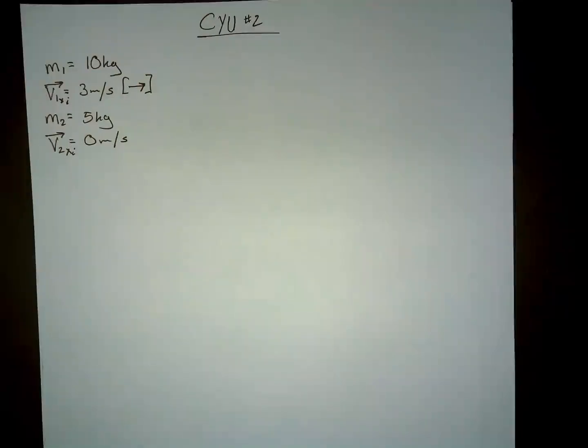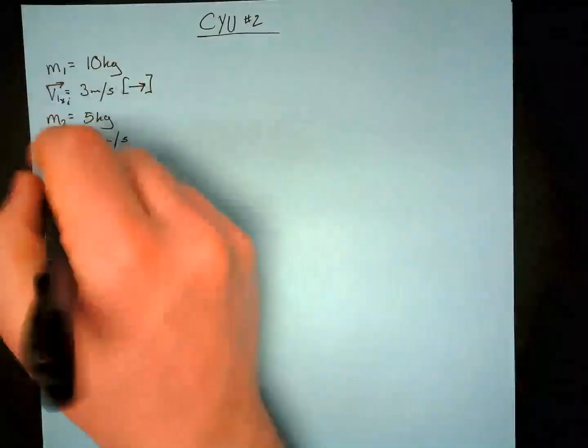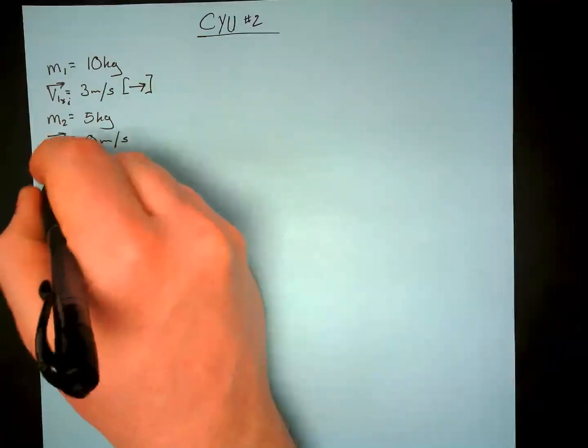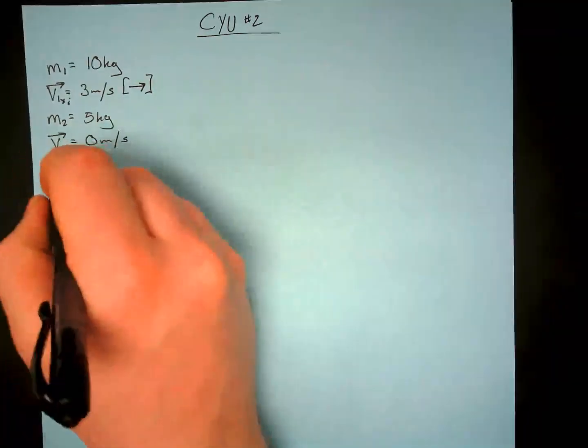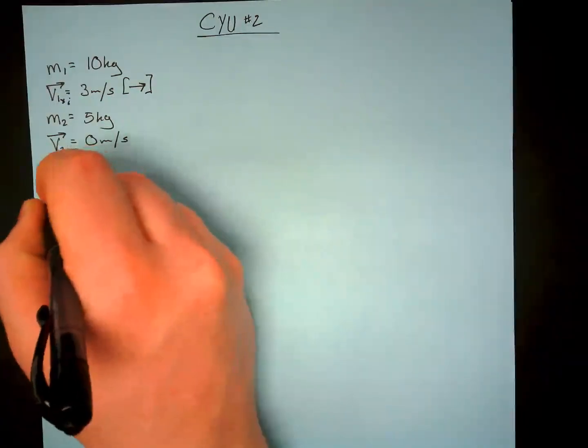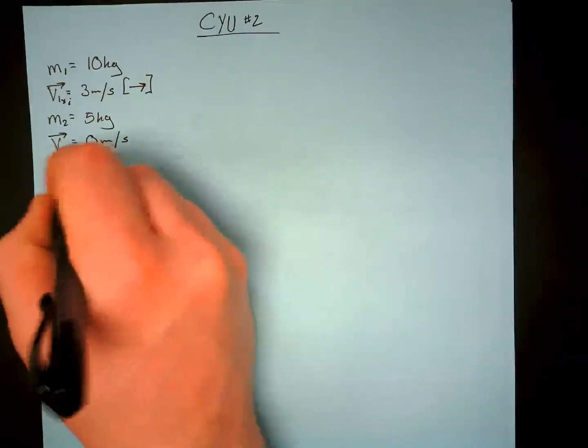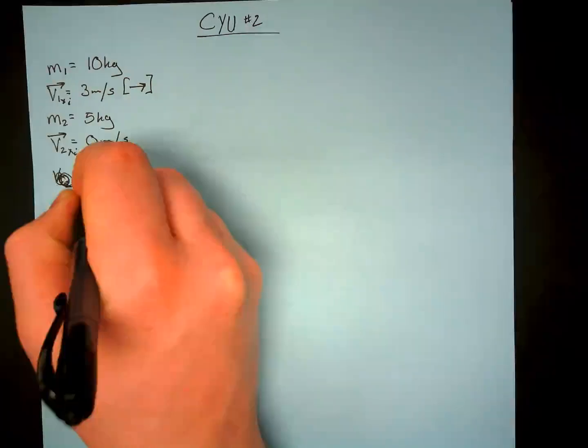The first thing that we should do after establishing what we have and what we don't have: we don't have the final velocity of our second object.